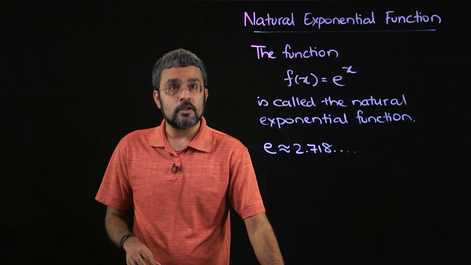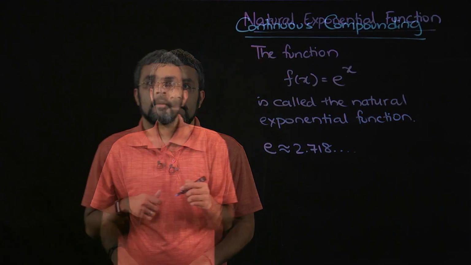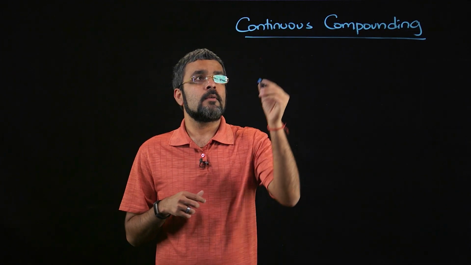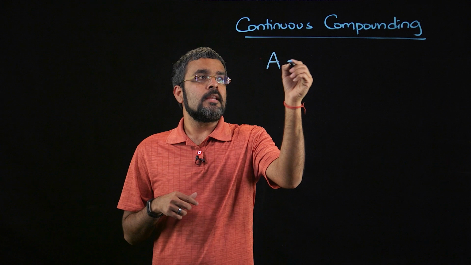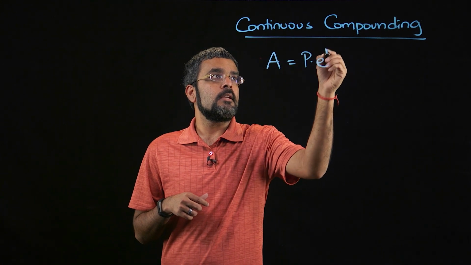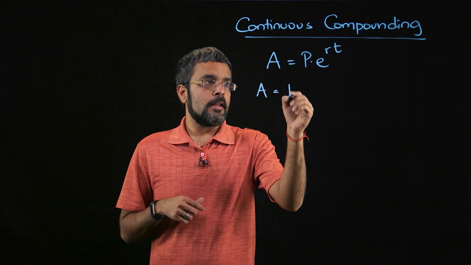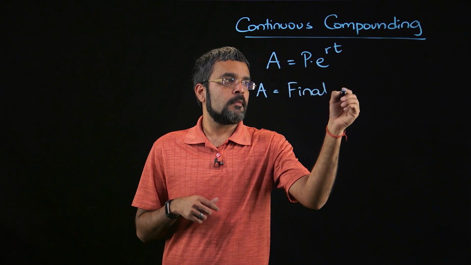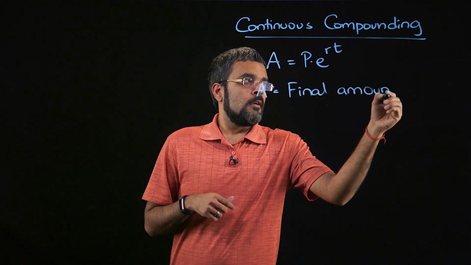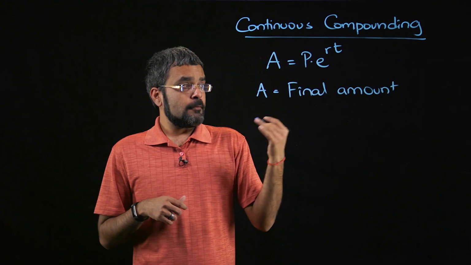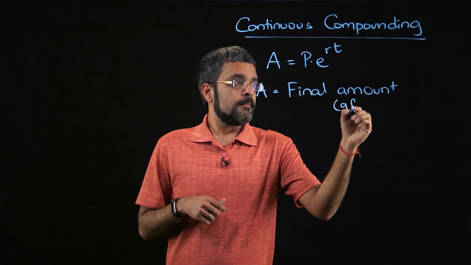And the formula for continuous compounding is as follows. The formula for continuous compounding is given by A equals P times e to the rt, right? Where A is your final amount, or basically the amount that you're going to get back after t years.